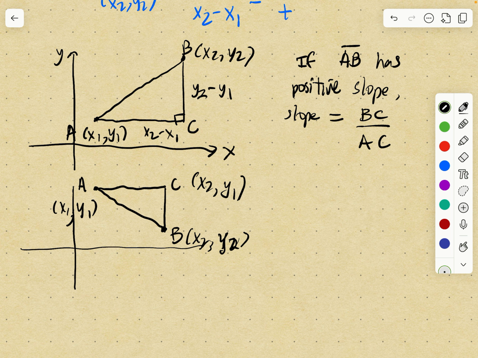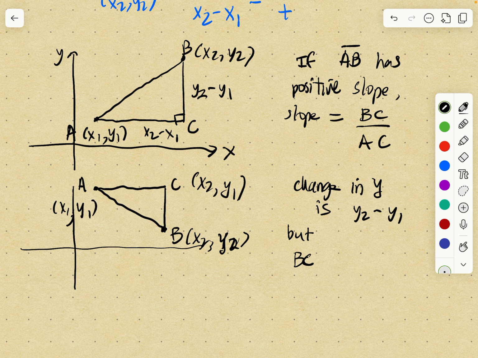Well, what's the change in y? The change in y is y2 minus y1. But the length BC, the length of this line segment, is the negative of that.